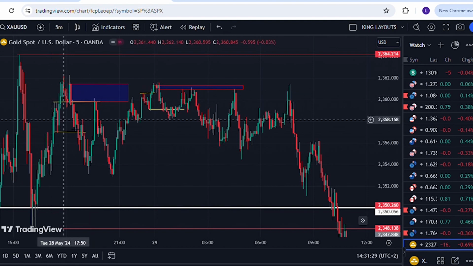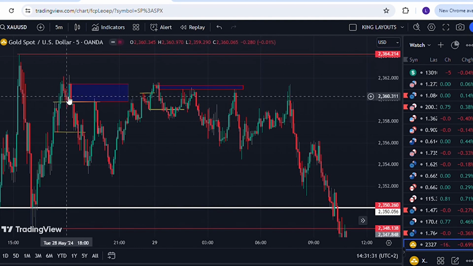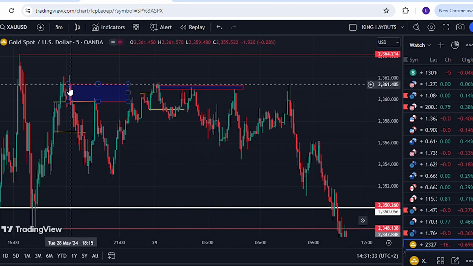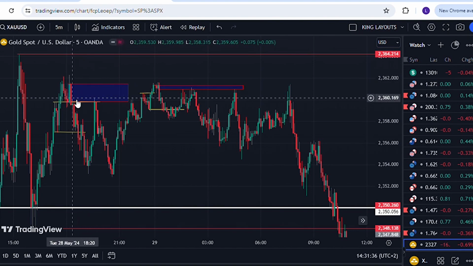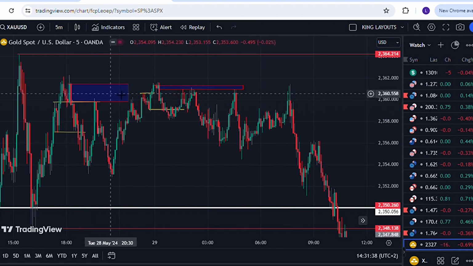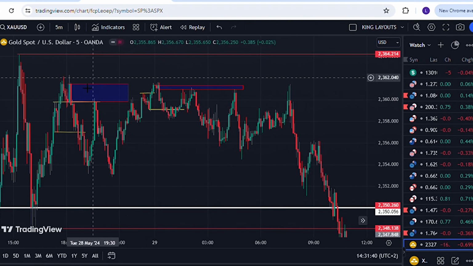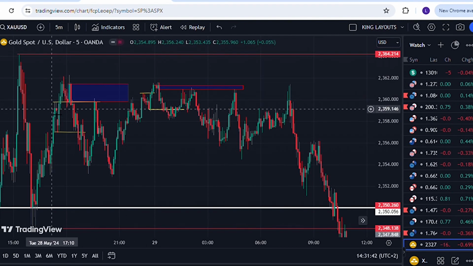So with this first one, you have got your order block here, which is this box. And then you have your break of structure.